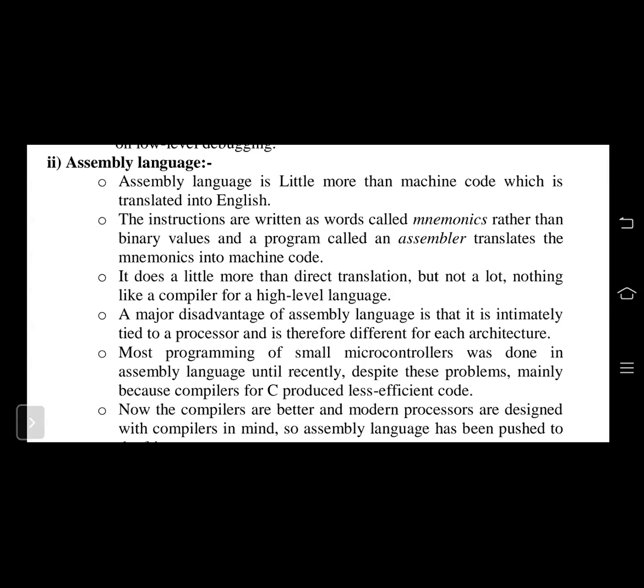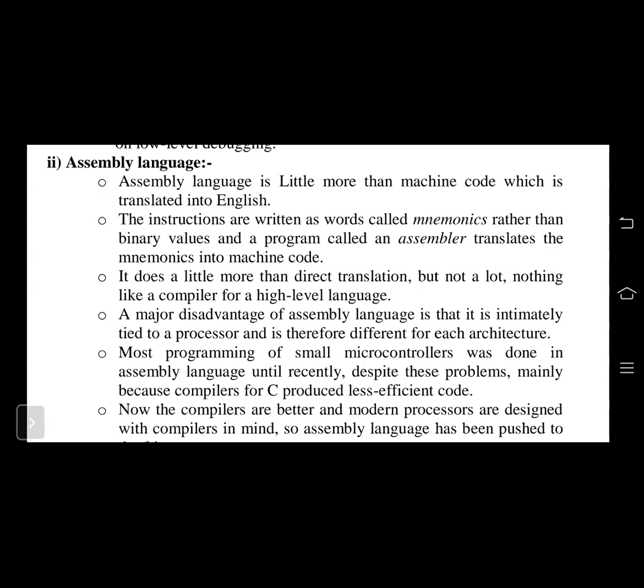Likewise, there are a number of instructions in assembly. Those instructions are in English, written as words called mnemonics rather than binary values.